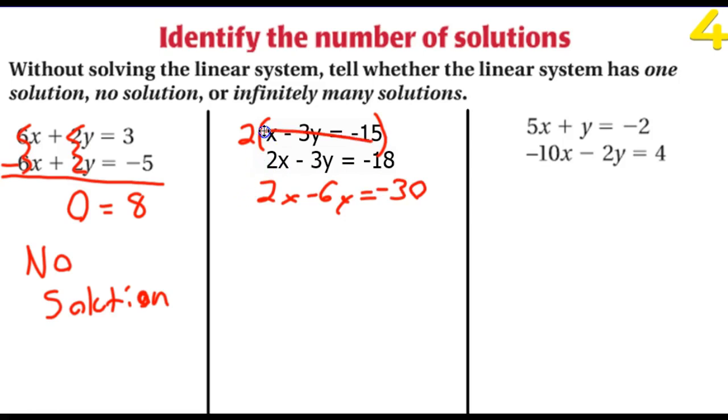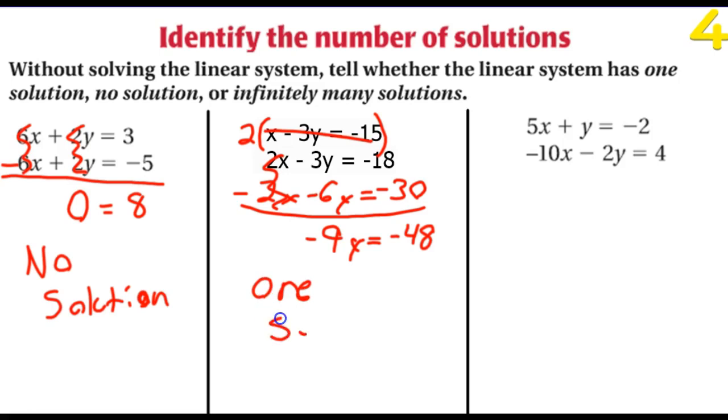So now I can subtract these, which eliminates my x. -3y minus -6y gives me 3y, and -18 minus -30 gives me 12. Well, I know that I just have a y now, so I could solve this to figure out what y is and figure out what x is. So I know that this one is only going to have one solution.